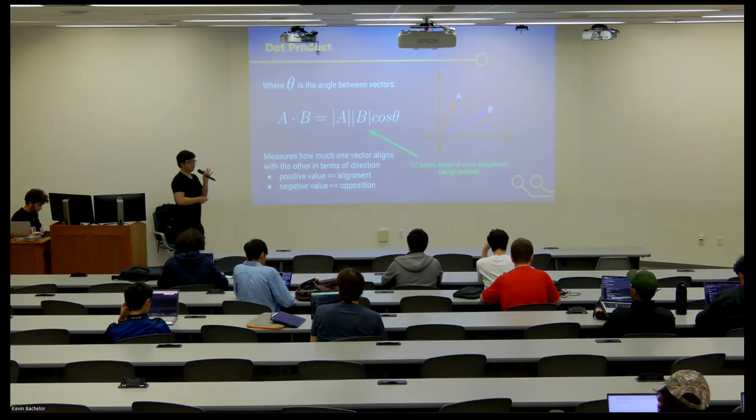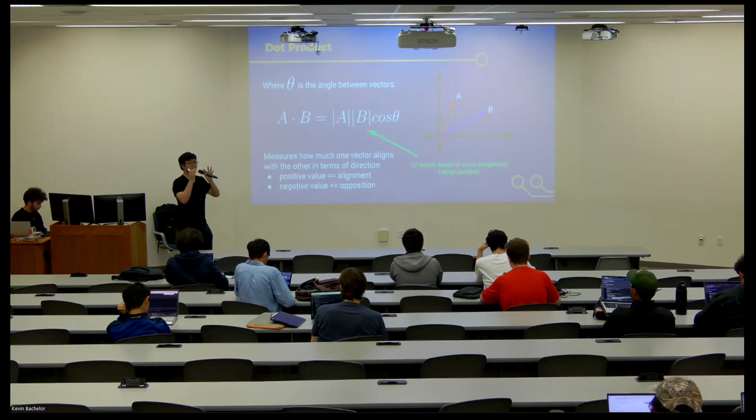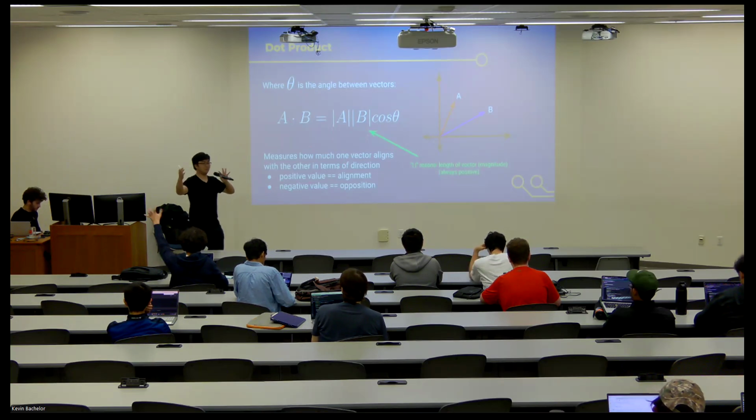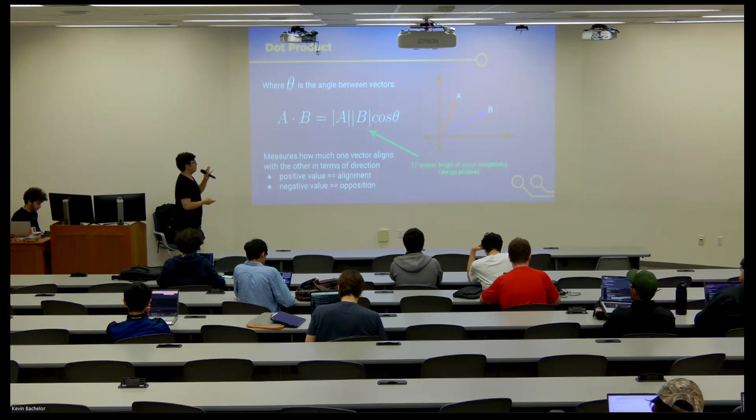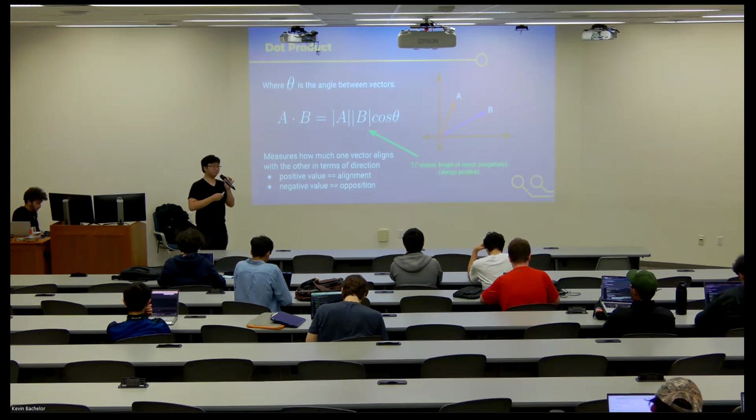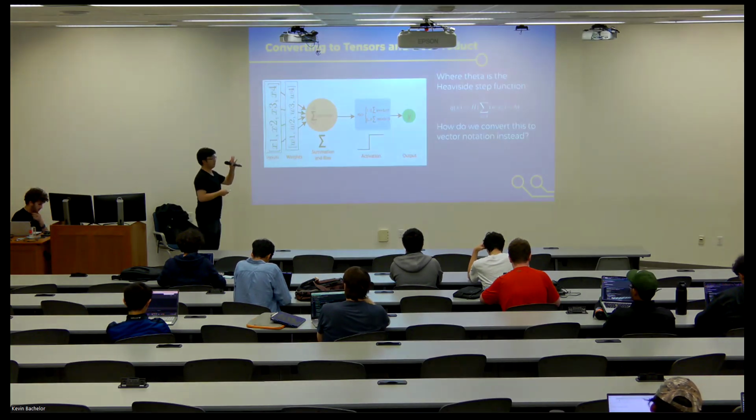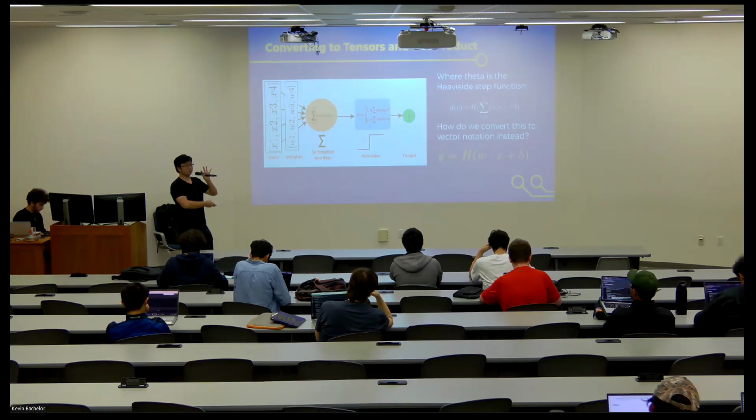That the dot product of 2 vectors is equal to the magnitude, or the length, just a positive number, of those vectors times the cosine of the angle between those vectors. So I already mentioned this, but to convert, we just do dot product, right?